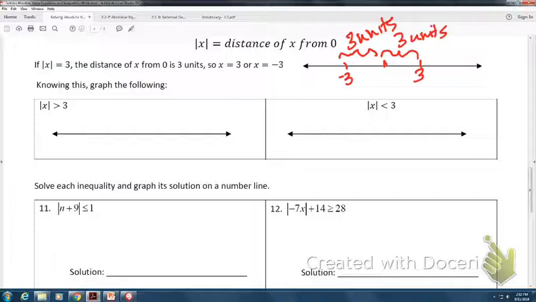So inequalities are very similar to absolute value, or to when you're solving just the equations. However, when you change your sign of what it's set equal to, per se, you have to also flip your inequality sign. So for absolute value of x is greater than 3, x could be what?